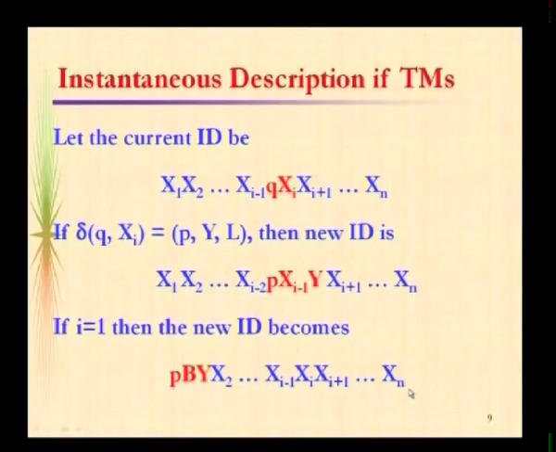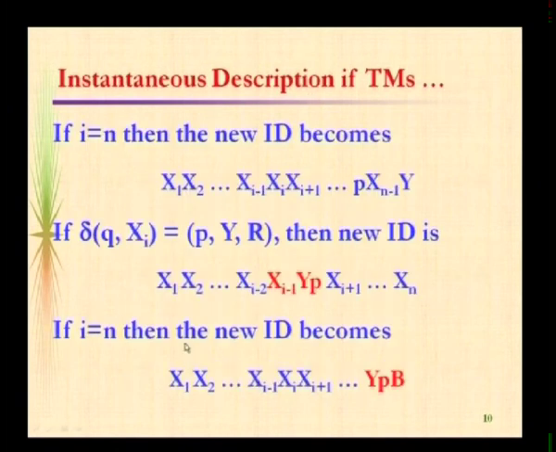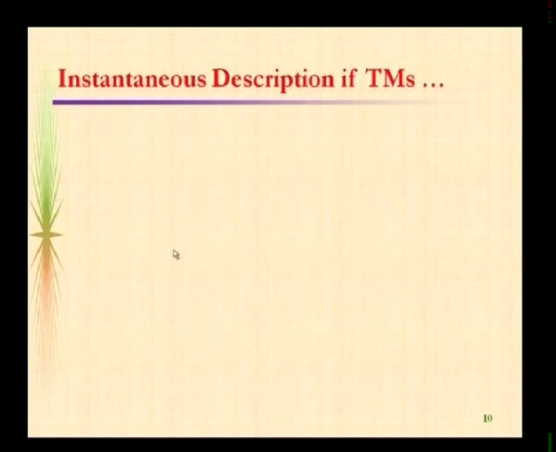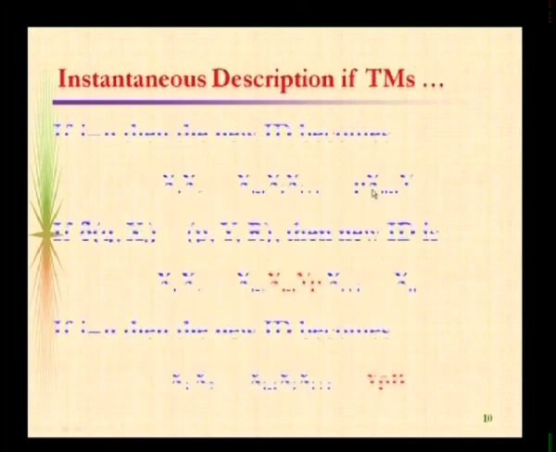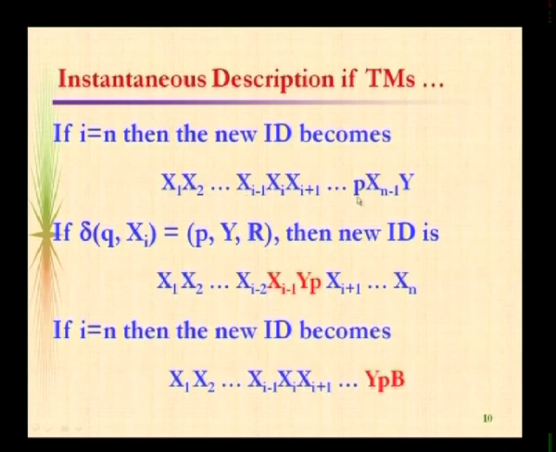Welcome back. And the next one is when i is equal to n. Here x1 to xn are the symbols available on the tape, and the finite control is somewhere here, this is your q. Suppose it is the last symbol where the replacement is to be done. The output here is x1 to x n minus 1 with no change, only x n is replaced by y.